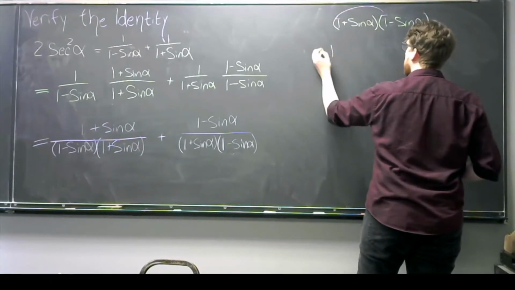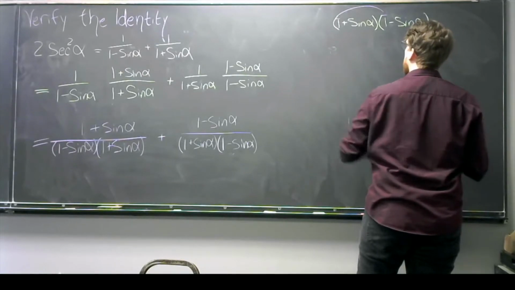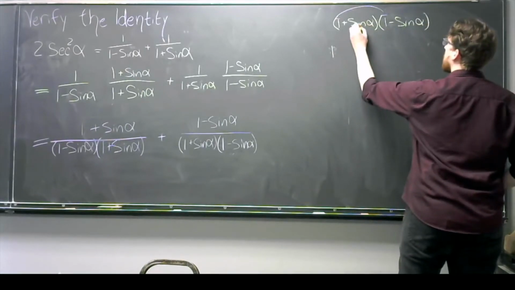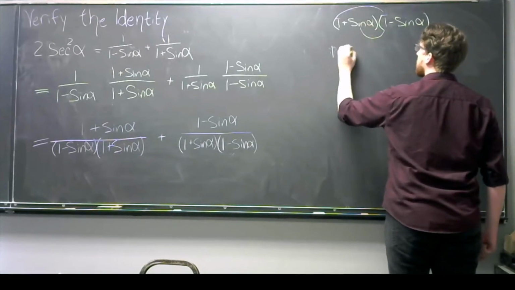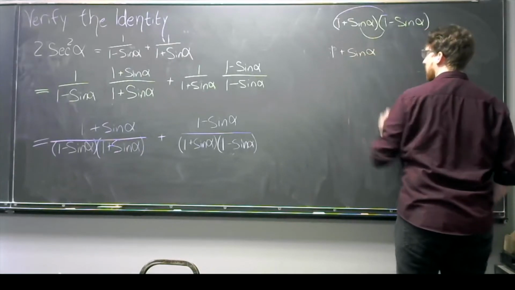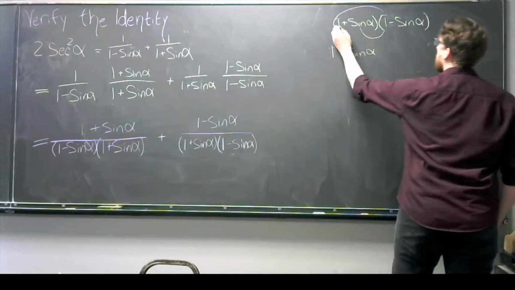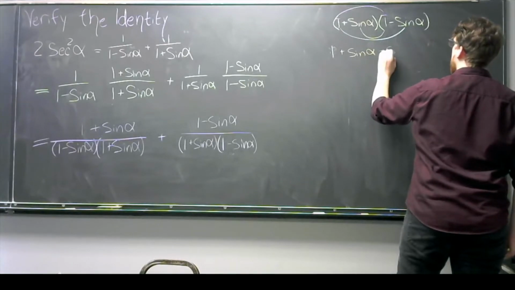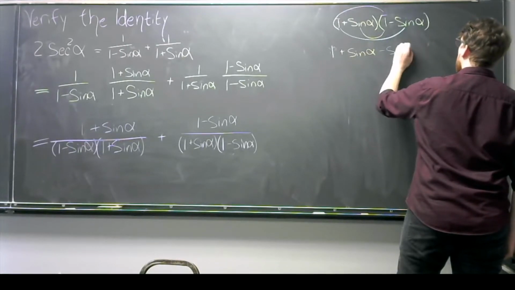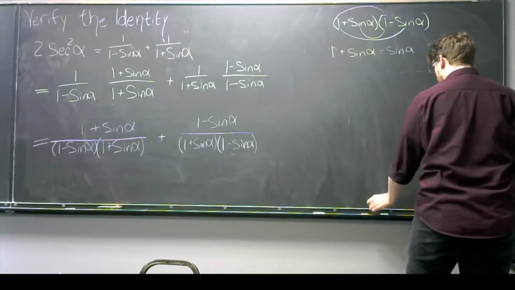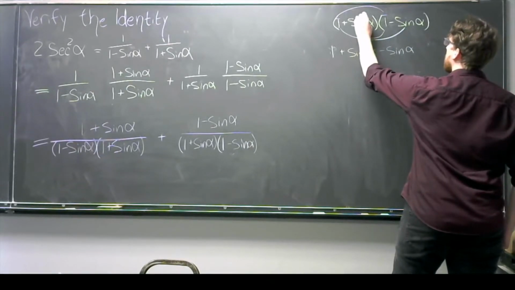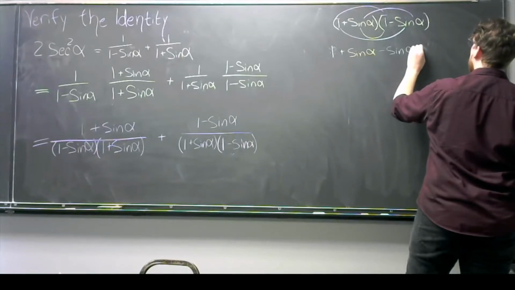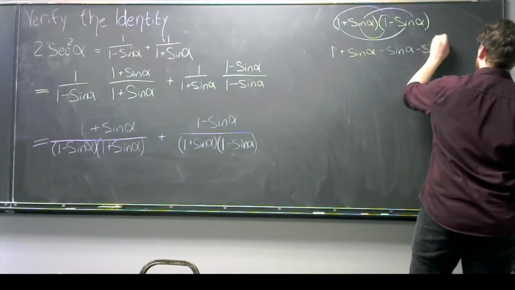We're going to get 1 plus sine alpha minus sine alpha minus sine squared of alpha.